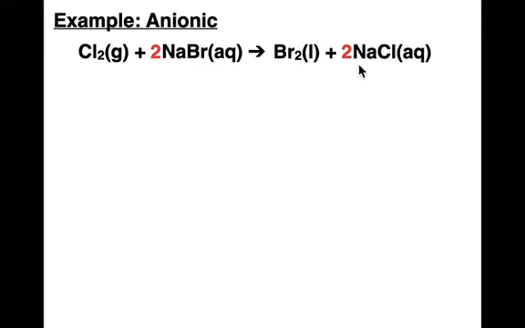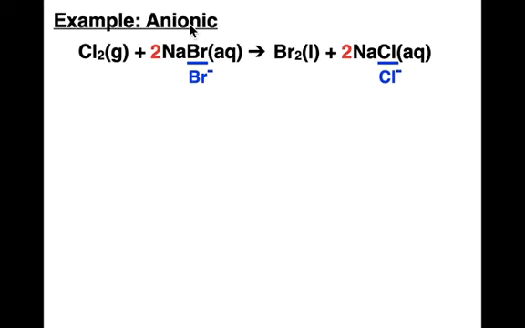Now, bromine is a negative ion. Chloride is a negative ion. Those are anions. So the halogen replaces another halogen in the solution, and they're both anions, negatively charged. So that's why it's called anionic.